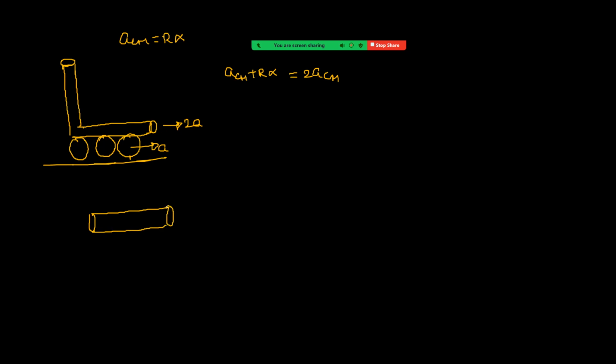That means focus now only on this part of the liquid. This is the shape of the liquid. We know that liquid takes the shape of the container. So this is the liquid which is present in the horizontal part.